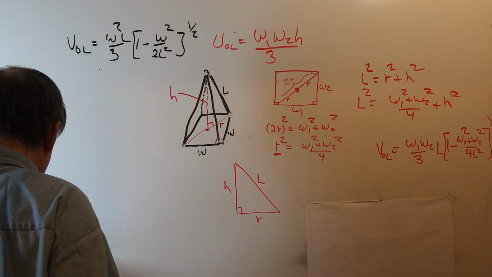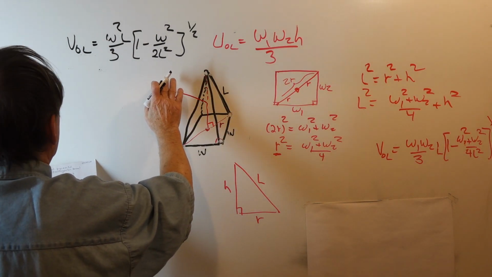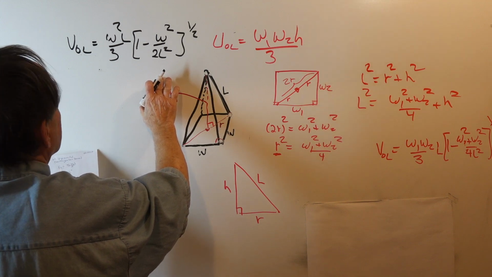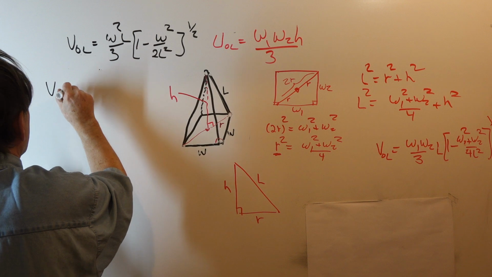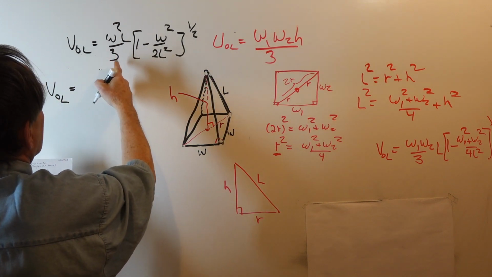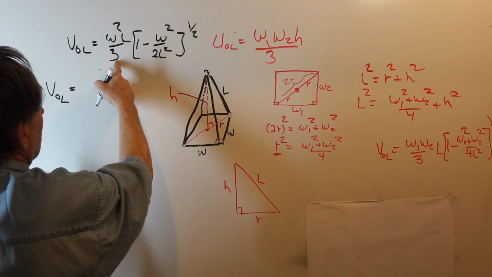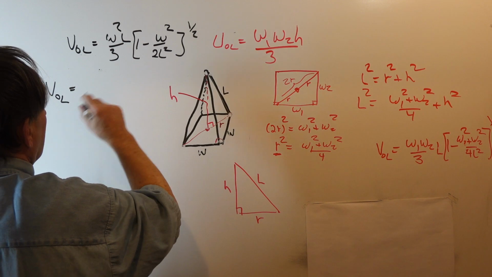Now, we can work this out, and I'm going to group terms here in the following manner. The volume is equal to... I'm going to divide by L squared in the denominator and multiply by L squared in the numerator.